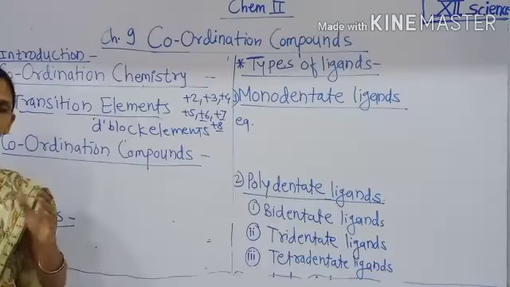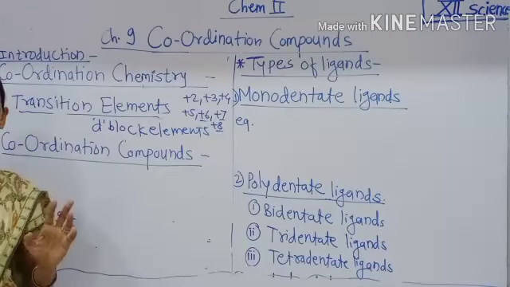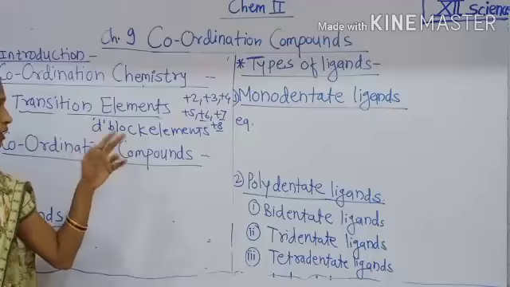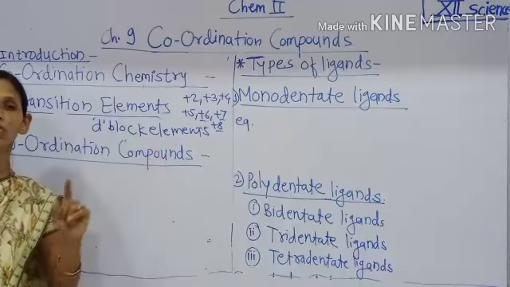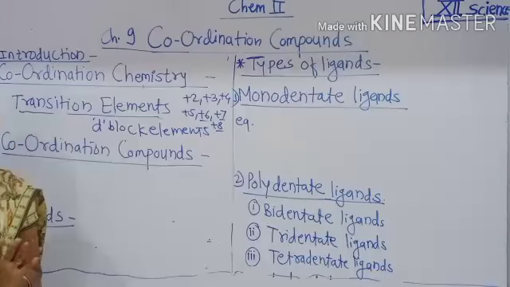But lanthanides and actinides have little tendency to form complexes. Most of the d-block elements have a higher tendency to form complex compounds.